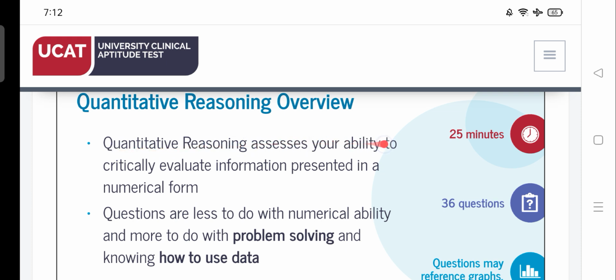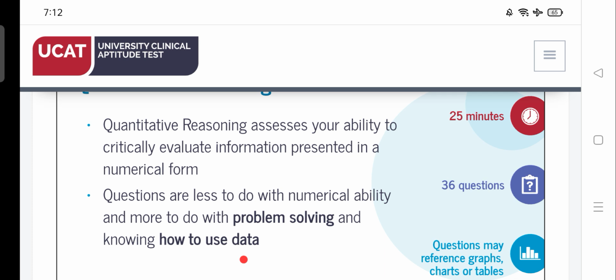Quantitative reasoning assesses your ability to critically evaluate information presented in a numerical form. Questions are less to do with numerical ability and more to do with problem solving and knowing how to use data.